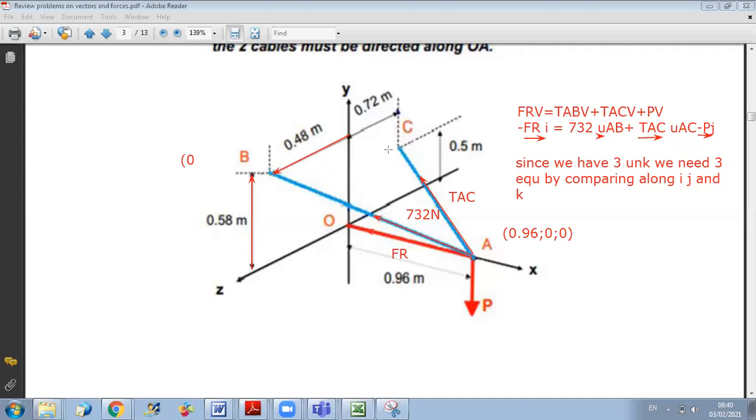And for C, I have a positive Y component equal to 0.5, but a negative Z component equal to minus 0.72. So for B, I can write it's 0, 0.58, sorry, 0.48.